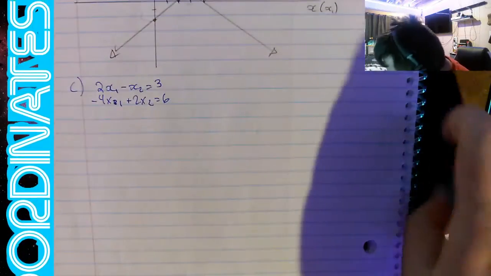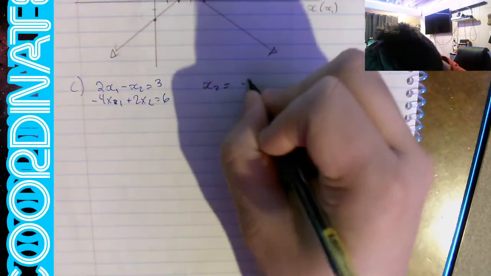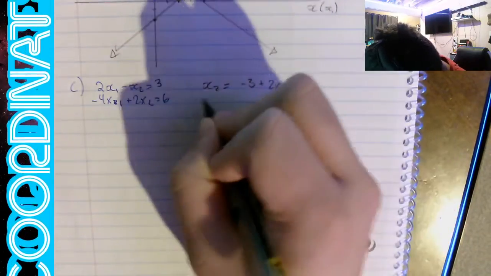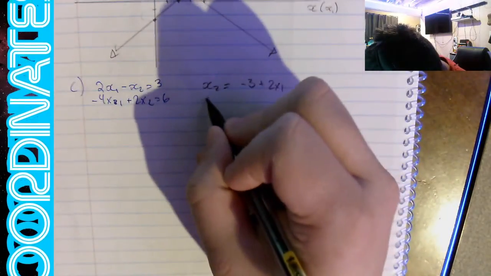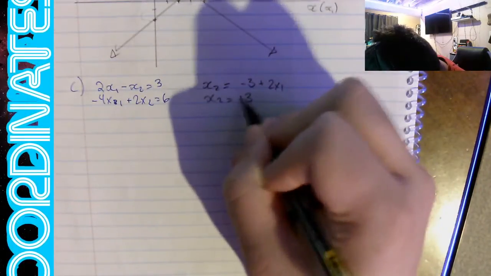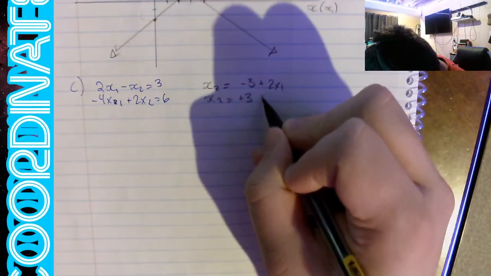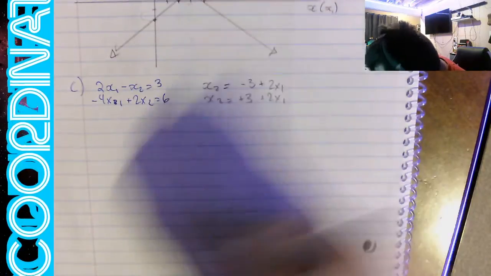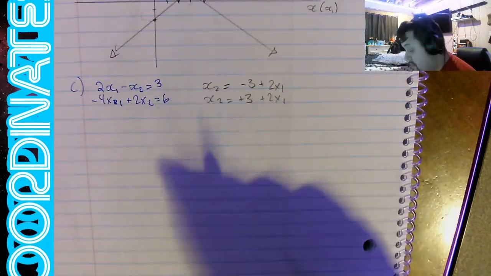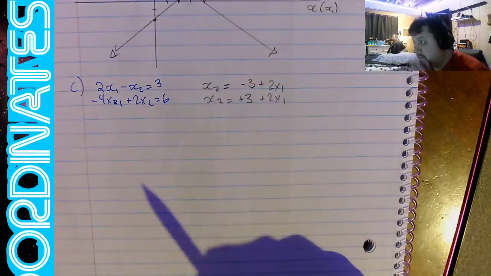So x2 equals negative 3 plus 2x1, and x2 equals 3 plus 2x1. Here, I know that this is this, but I divided everything by 2, and that's how I got all of these.